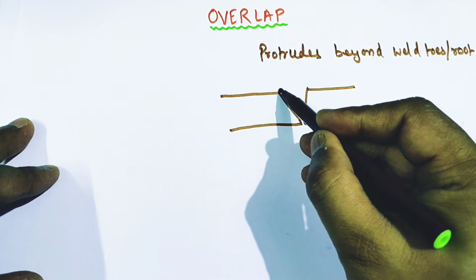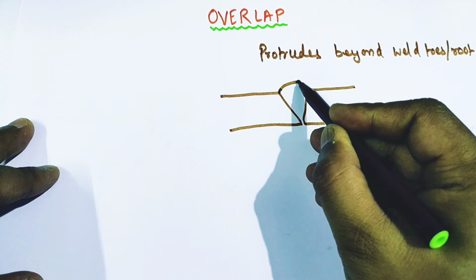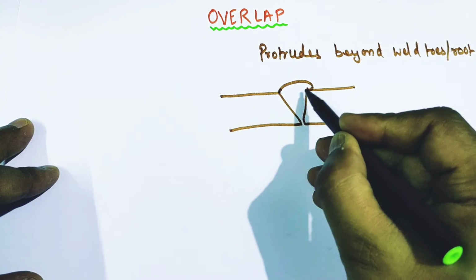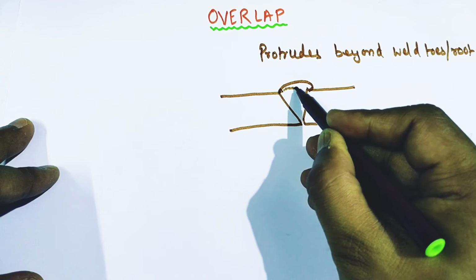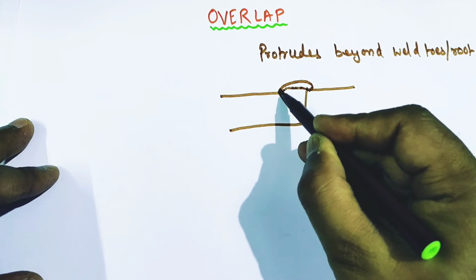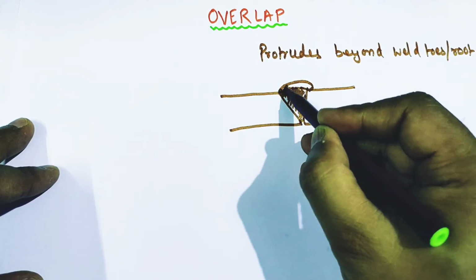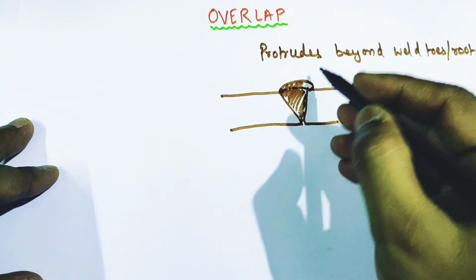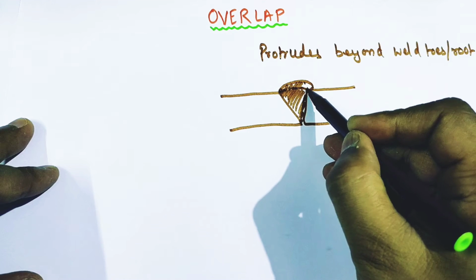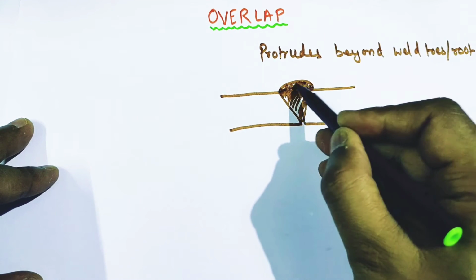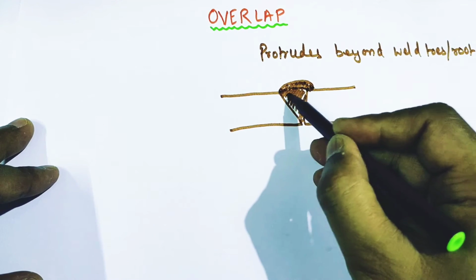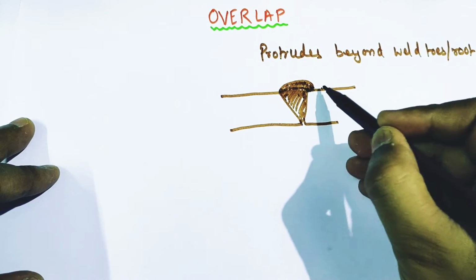Now if the weld metal protrudes out of the surface like this, see, the weld metal should have been up to this location, but it protrudes outside beyond the toe. So if it protrudes outside beyond the toe like this, then it is called overlap.